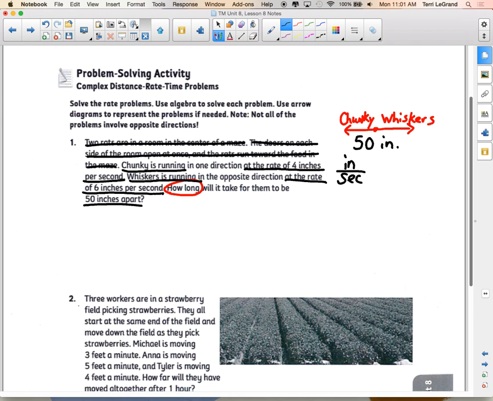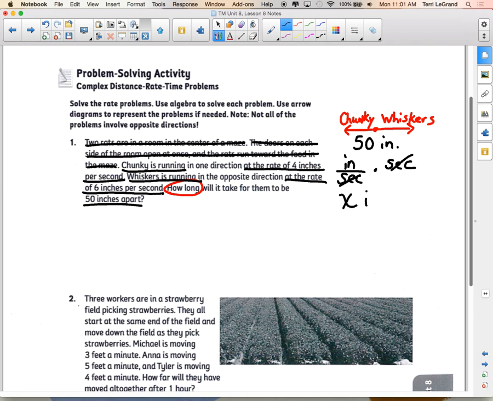We're going to multiply that by something. What are we going to multiply this by? Seconds, because we want the denominator to cancel away. So we're going to take it times seconds, because then these will cancel and we'll end up with inches, right? This helps us set up our multiplication in our equation. That's the reason we do that.